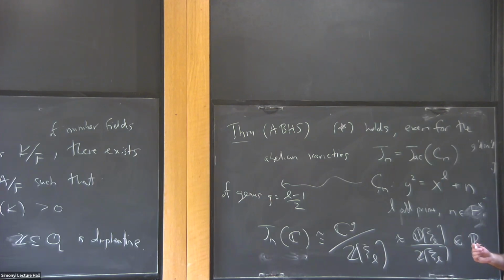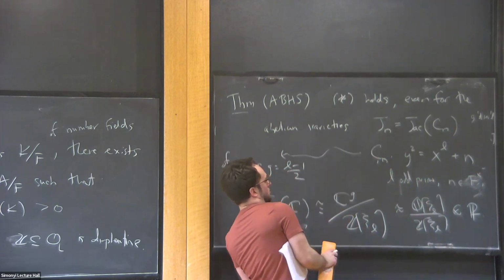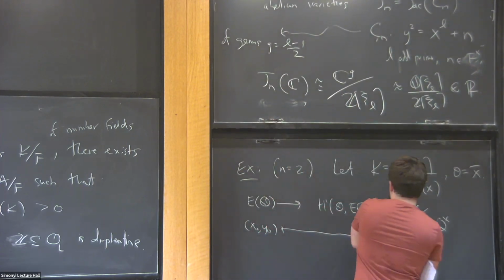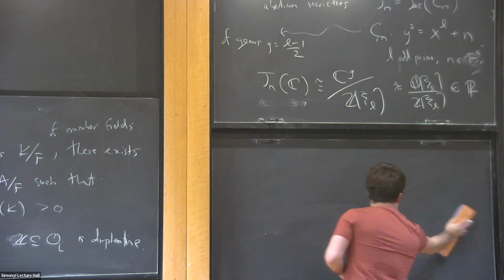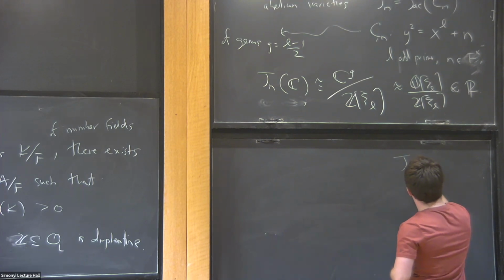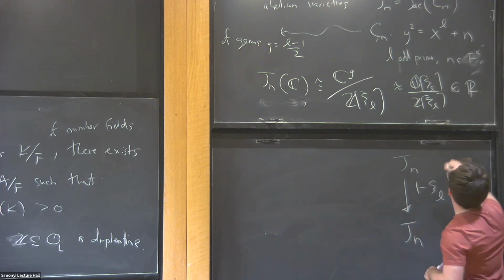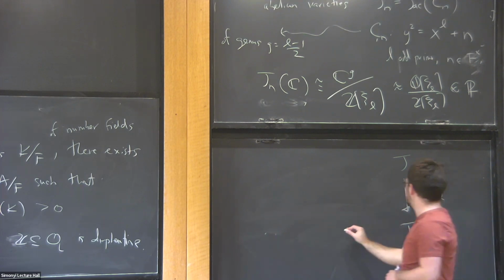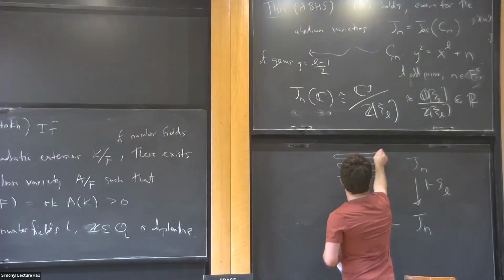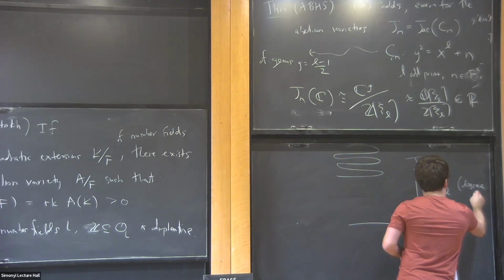And I've run out of time, so I was going to explain a little bit of the proof, but the key thing is we use Selmer groups, and there's this very nice self map that these Jacobians have. They have this map 1 minus zeta_L. Zeta_L acts on this, 1 minus zeta_L acts on this, and this is a degree L cover.